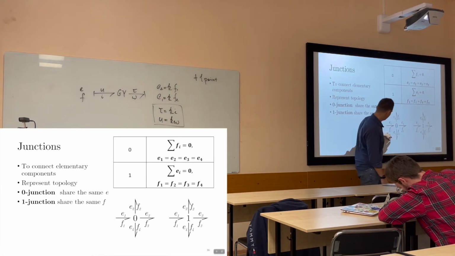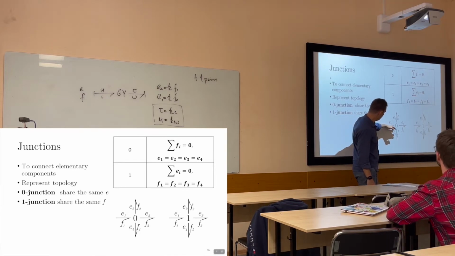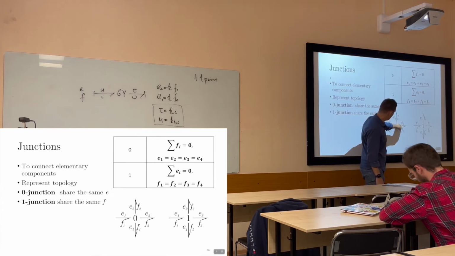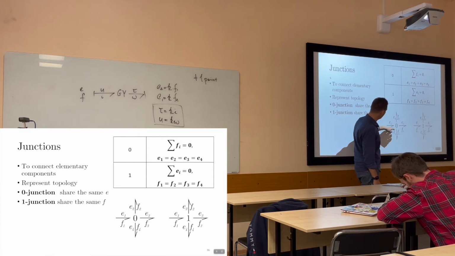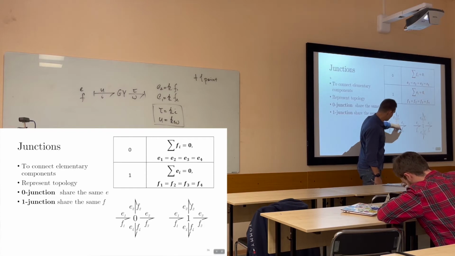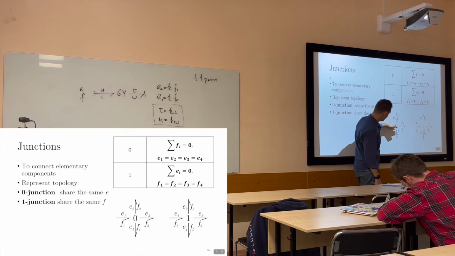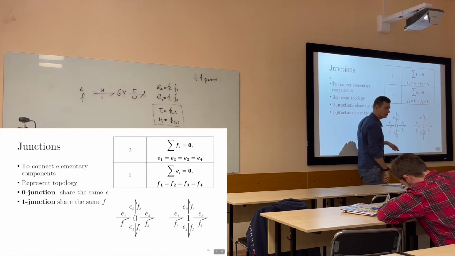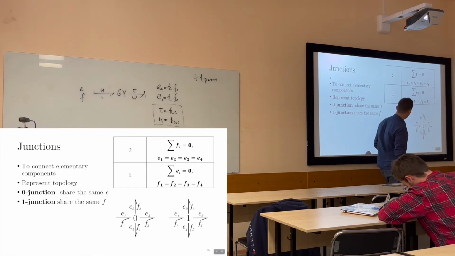So you can think of it here: you send a power here, and the efforts E1, E2, E3, and E4 will be the same, but flow F1 will be equal to F2 plus F3 plus F4. It's like what we send in equals the sum of the others that go out of this junction. And it's opposite for the one junction.